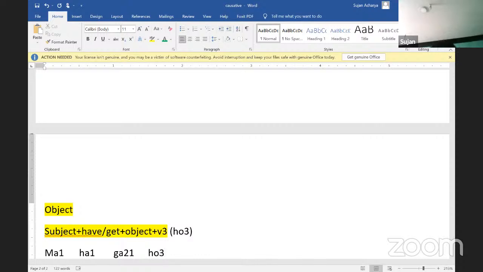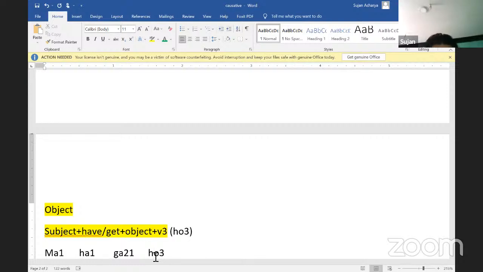With this you can sum up all causative verbs. HO3 means have also followed by O3, get also followed by object 3, V3.